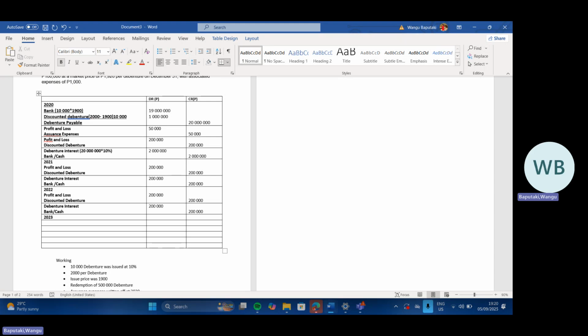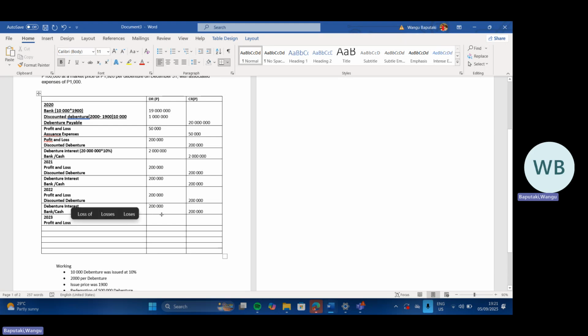The profit and loss, we do the same. We debit profit and loss 200,000.